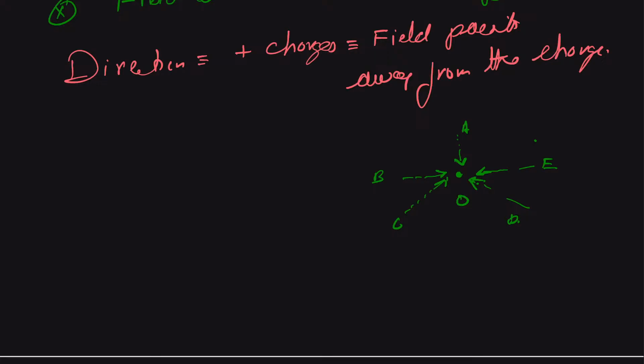And as all the charges are equally spaced, therefore we can say the spacing angles will be 0, 72, 144, 216 and 288, okay, because it has a 5-fold symmetric geometry.